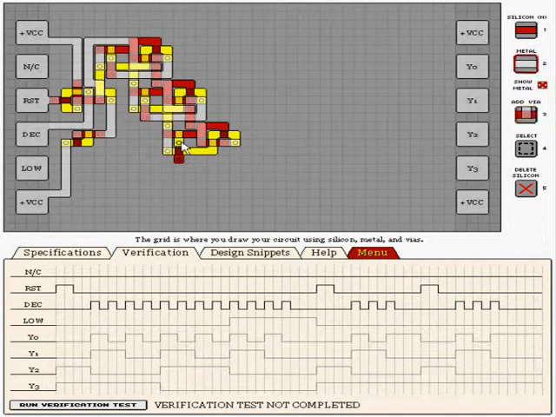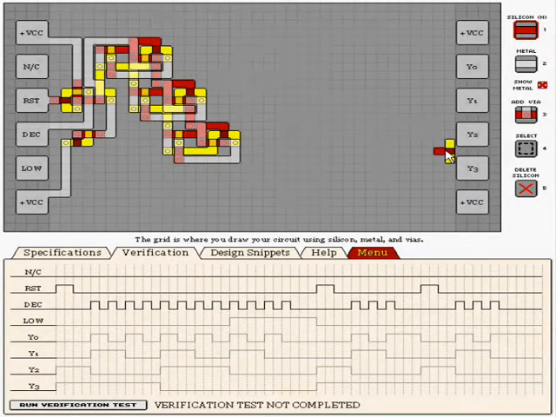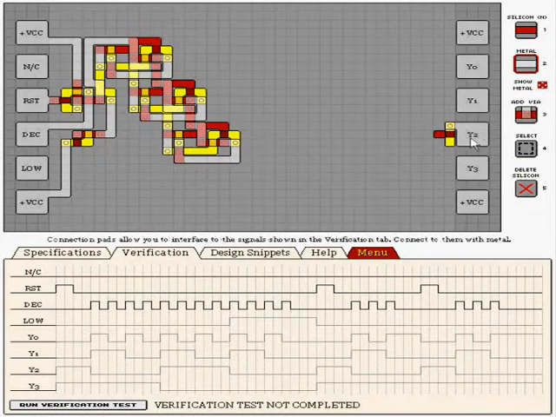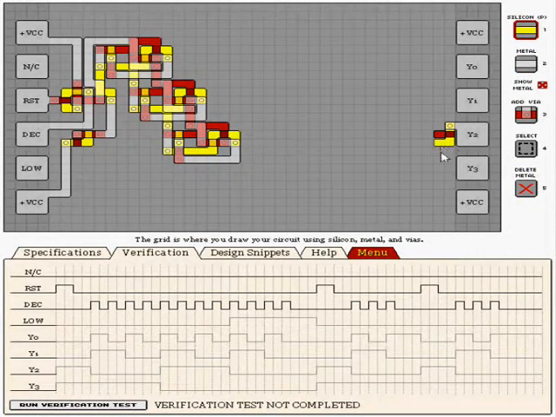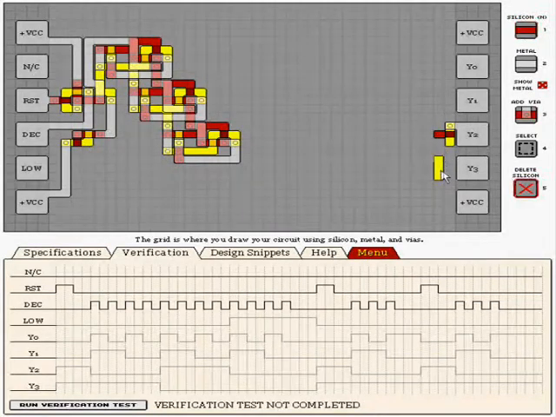Feeds back on itself. Add the inverter here. Here. And I'll just add an inverter on the next one while I'm at it.